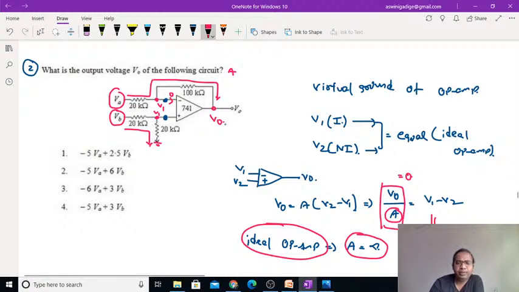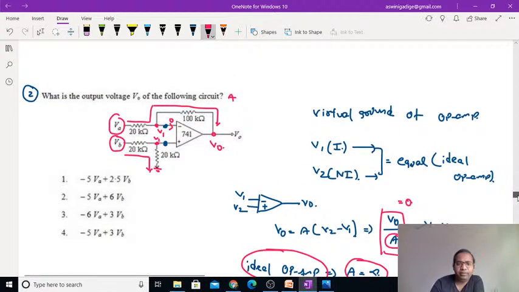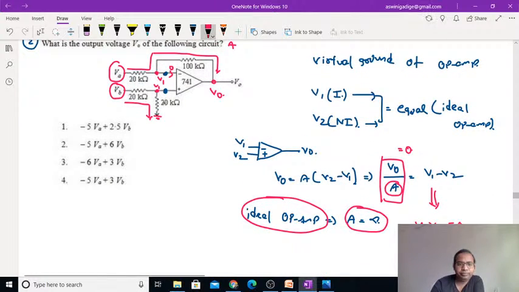Okay. So based upon these things, now we have to write down the equations. The first equation: the current flowing through this 20 kilo ohms can be taken as VA minus V1 divided by 20k is equal to V1 minus V0 divided by 100k.